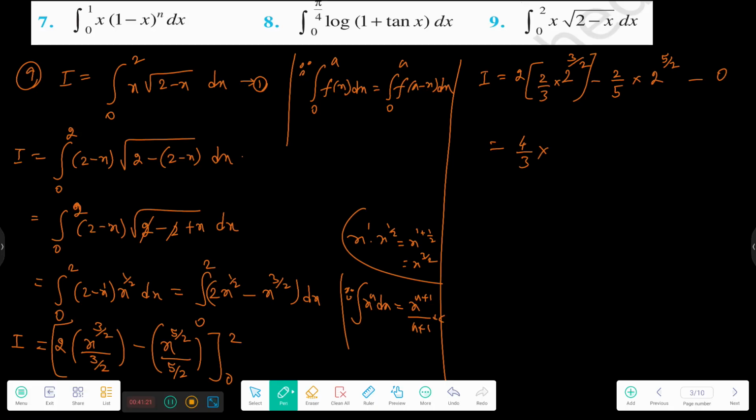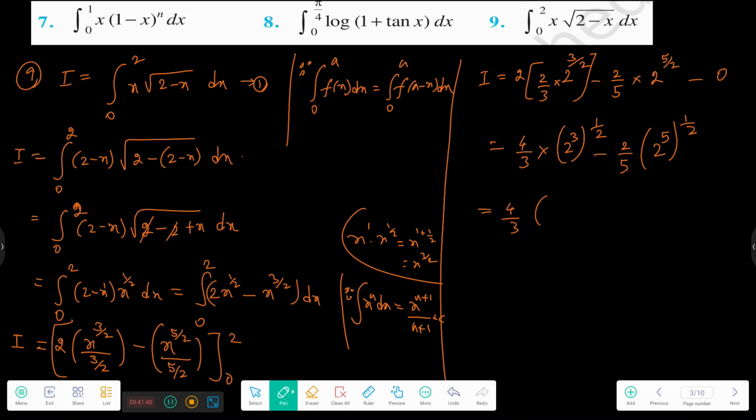First, you apply 2 power 3, which is 8. If you want to write, you can write it like this. Minus 2 by 5. First we are writing 2 power 5, then the square root will be taken. Now, what am I getting? 4 divided by 3, 8.